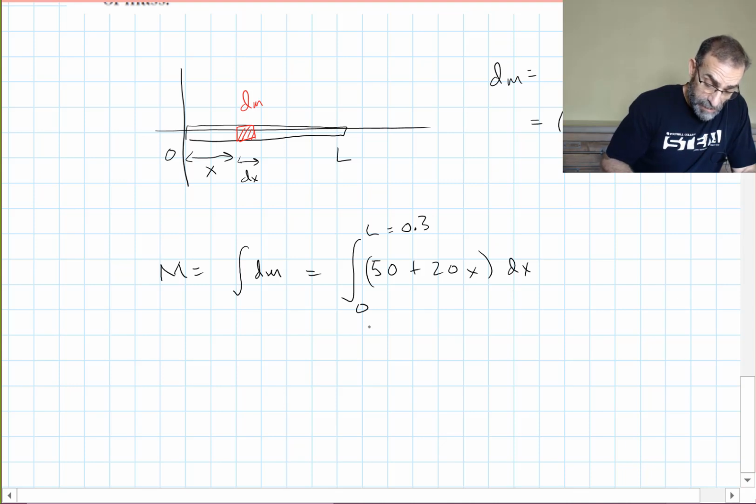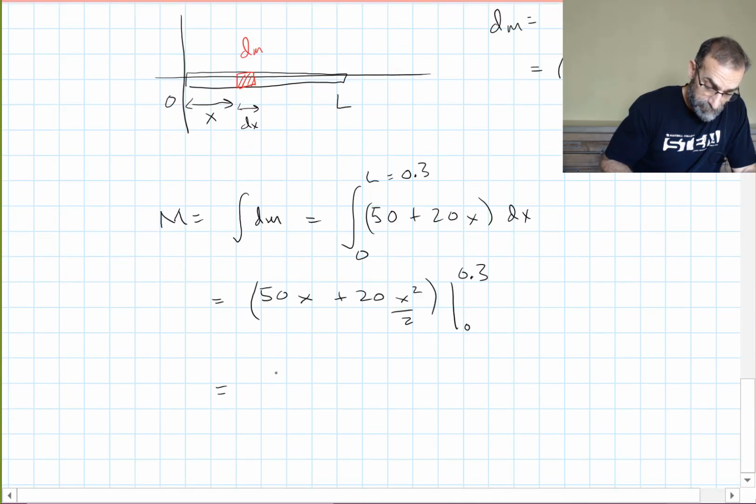And where am I? I get 50x plus 20x squared over 2, evaluated from 0 to 0.3. That's 15 plus 10 times, that's 0.9, is it?